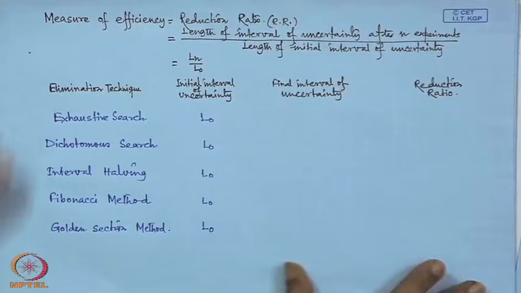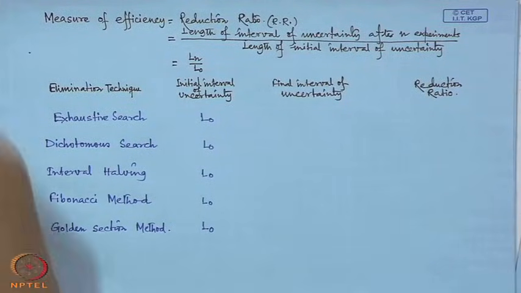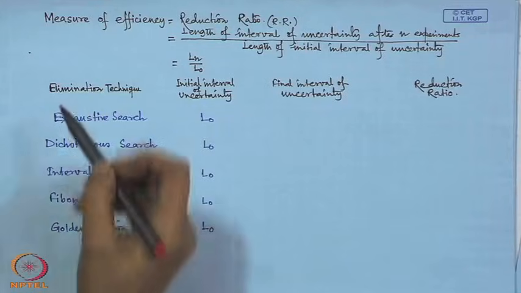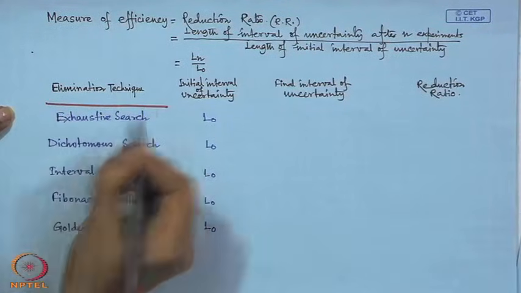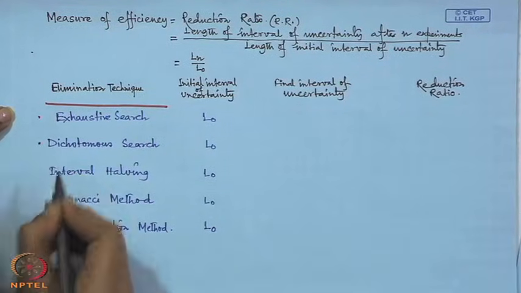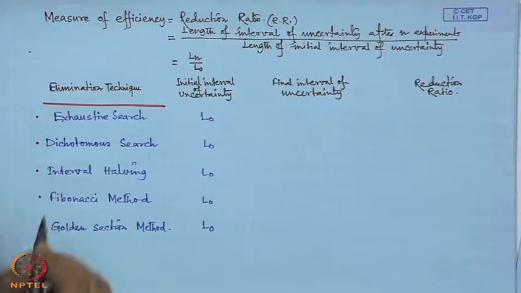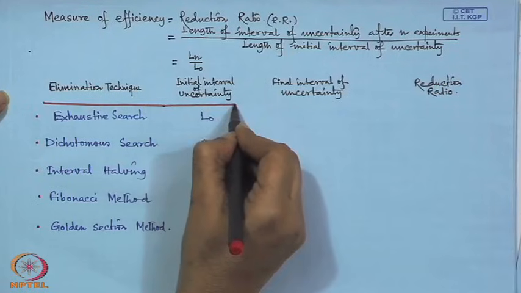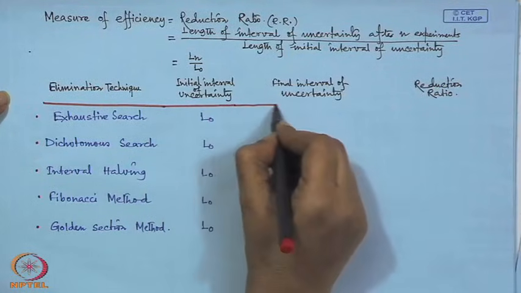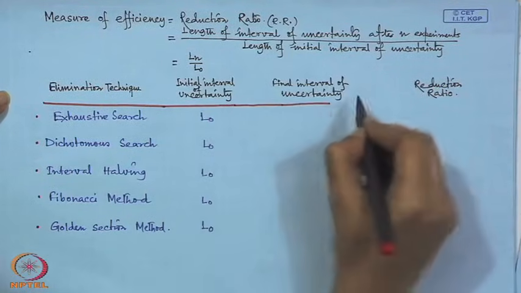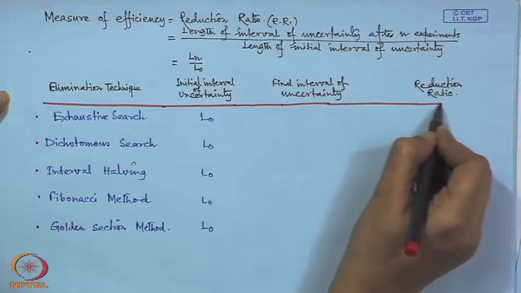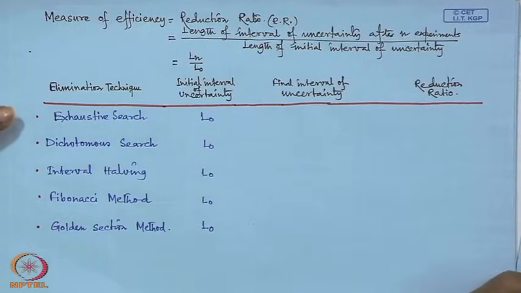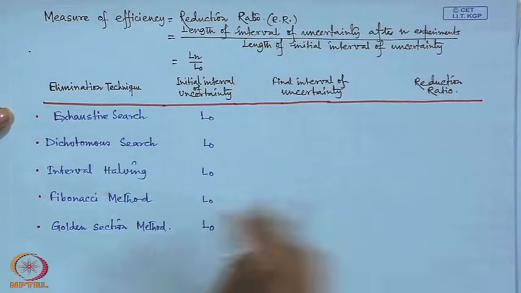If I just see this table, we have considered here different elimination techniques, starting from exhaustive search, dichotomous search, interval halving, Fibonacci method, golden section method, and we have the initial interval of uncertainty L naught. We will see the final interval of uncertainty, then we will go to the reduction ratio. One by one we will move.